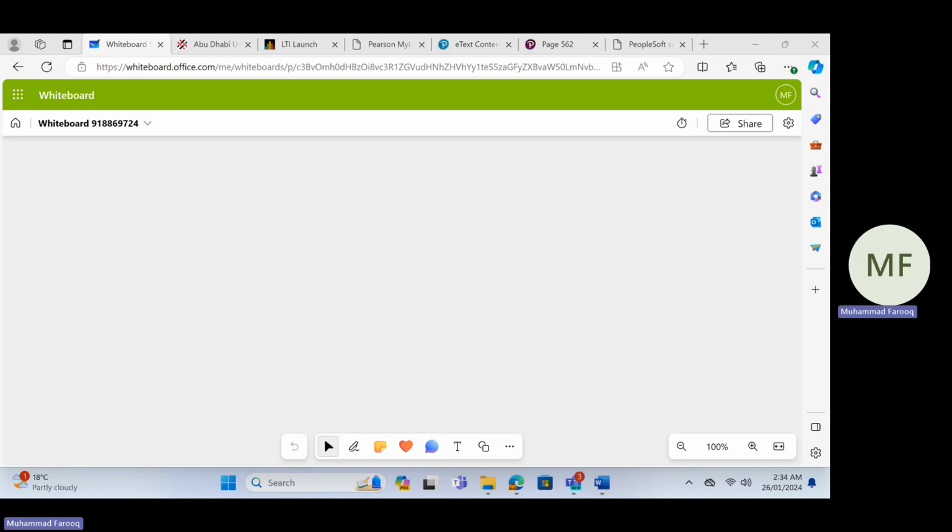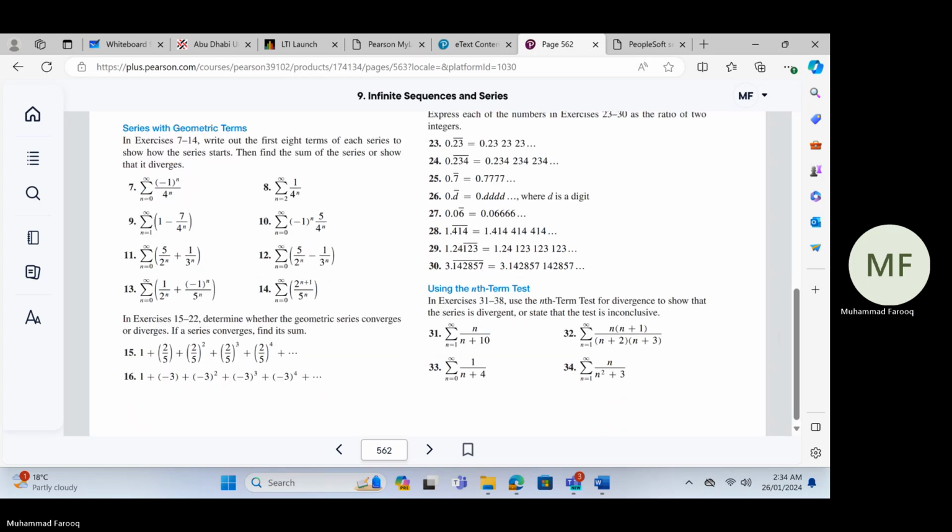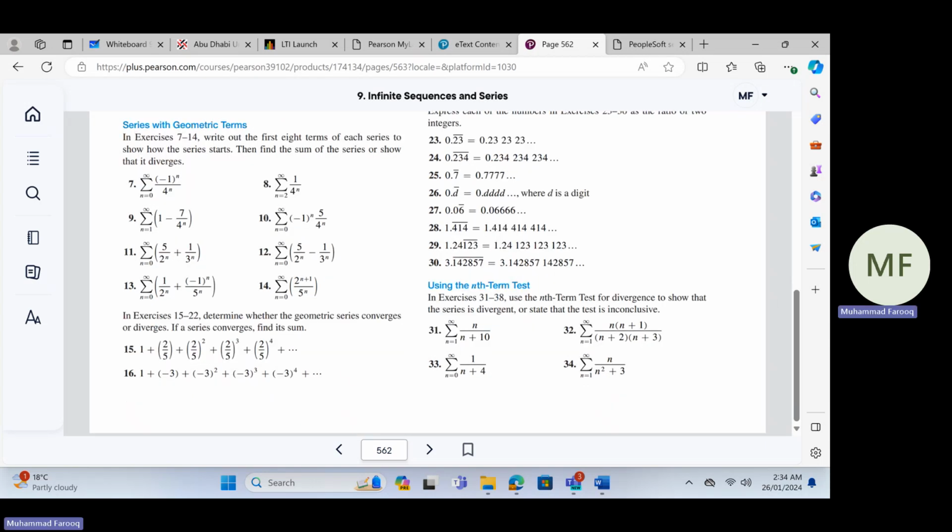Okay, so the second topic in 9.2 is basically this one. Questions 15 to 22 are the same thing.